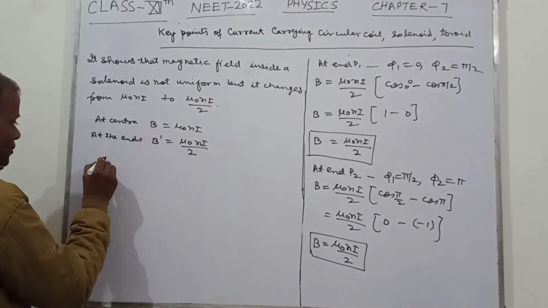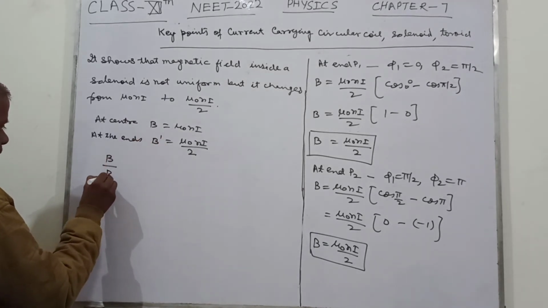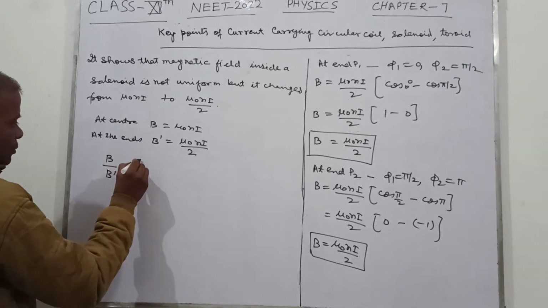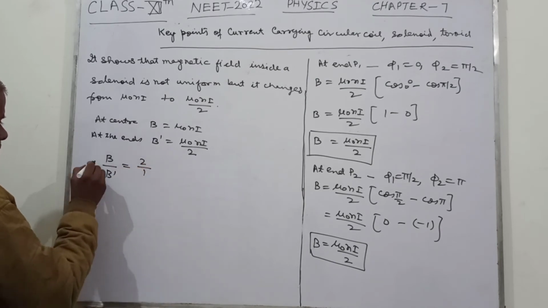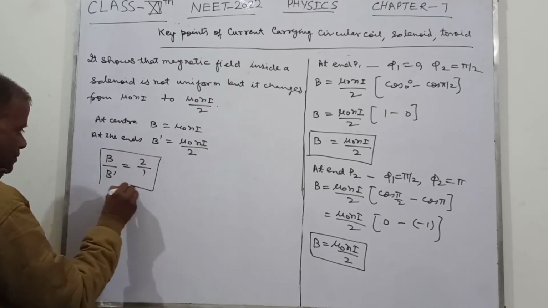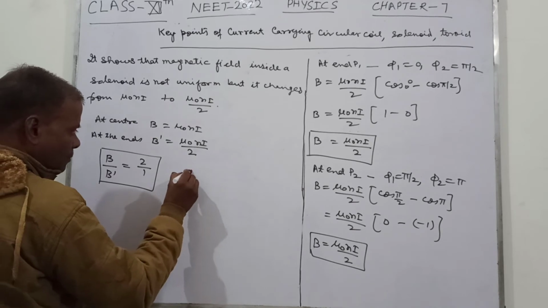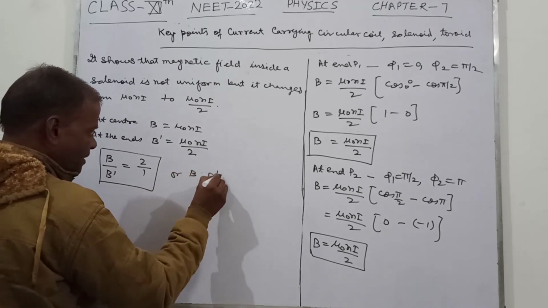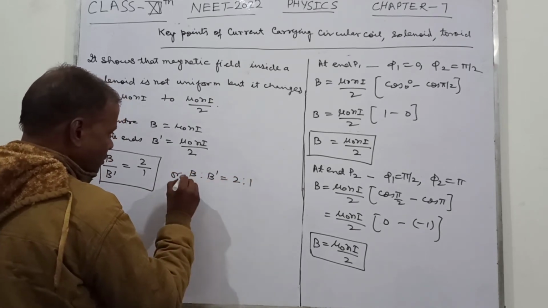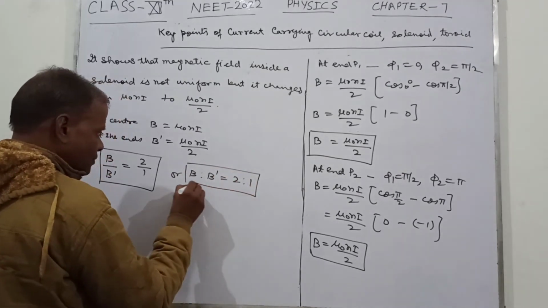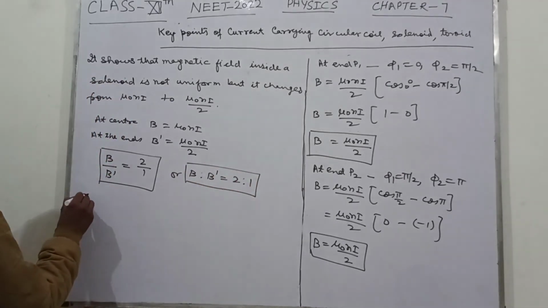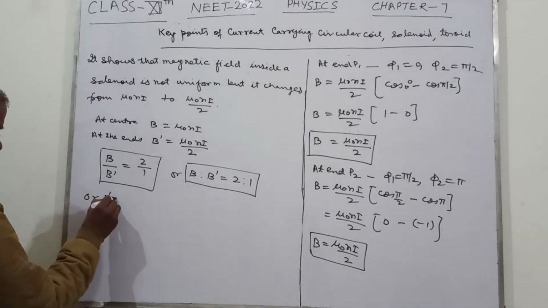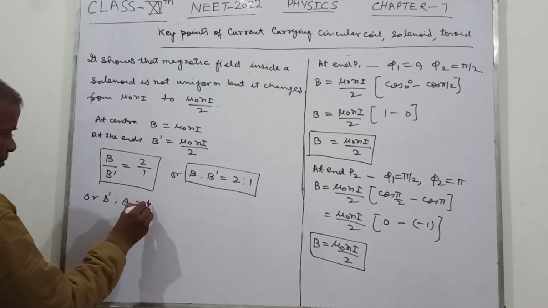So the ratio of these two, B to B dash, is 2 to 1, or B dash to B is 1 to 2.